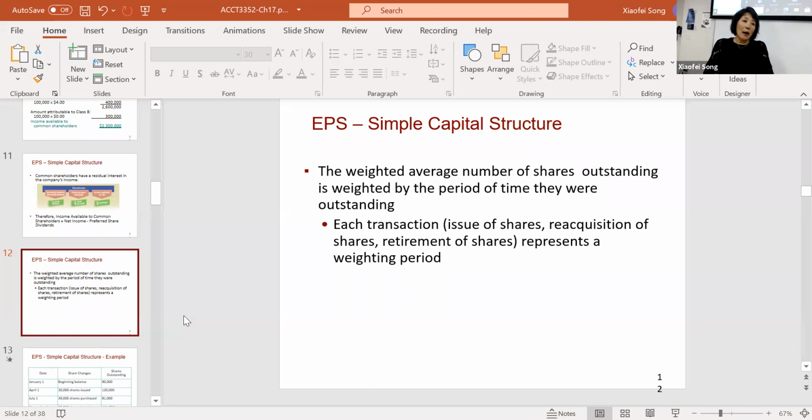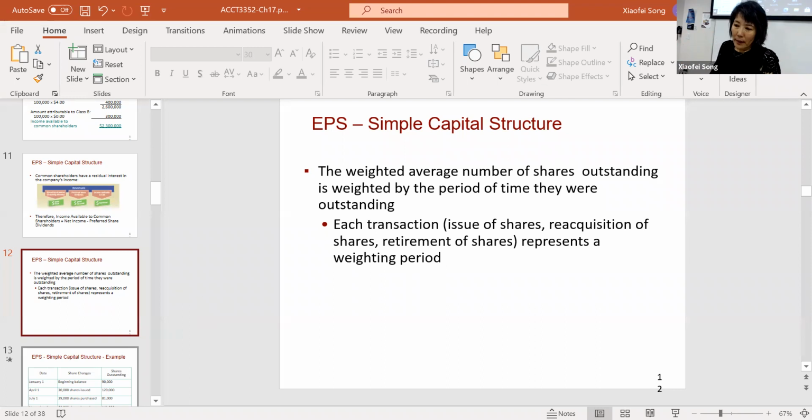Each time the number of shares outstanding changes, that's a new period. And the next time something happens, such as an issue of new shares, reacquisition of shares outstanding, retirement of shares, or a stock split, the number of shares outstanding changes. And then that's another period within the year. The length of that period would be the weight.